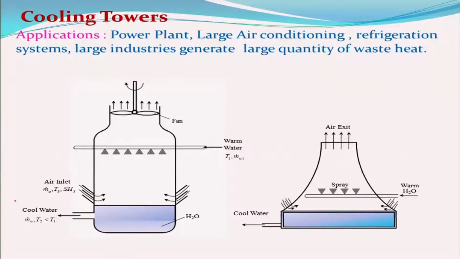So a typical cooling tower looks like this. Warm water enters over here, which produces the spray. That means water will be sprinkled into droplets, the surface area will increase, so that evaporation will be enhanced. And then there is a fan which is being used, right?